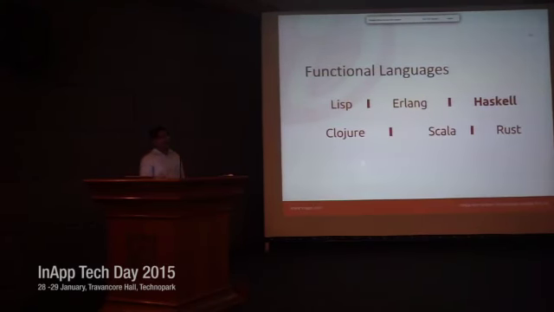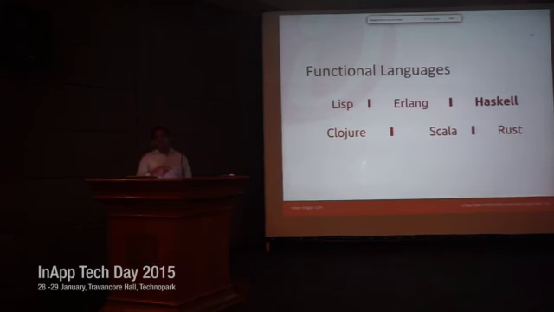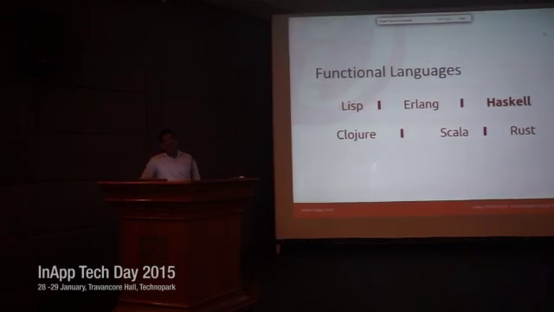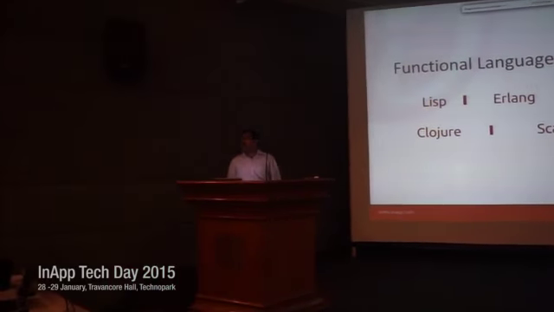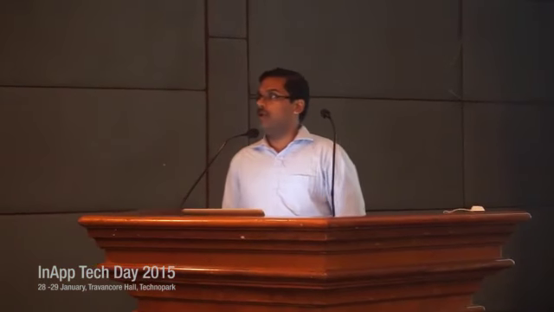Most of them are not purely functional; they all support object-oriented programming as well. But Haskell is a purely functional programming language. I think INAP already developed one application using Erlang. Am I right, Ed? Elixir. Okay.